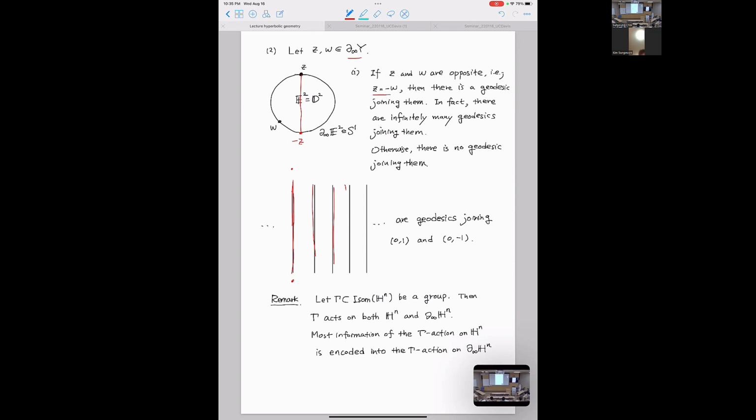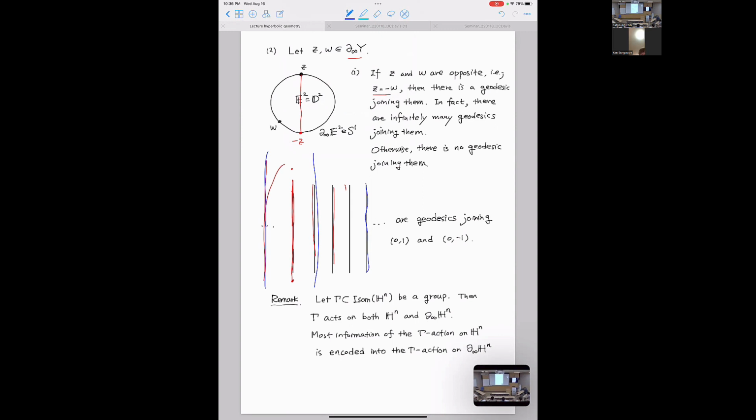There are many geodesics, and they are not bounded by some constant R. That means if you choose a geodesic, then for any R-neighborhood there is another geodesic ray outside the R-neighborhood.